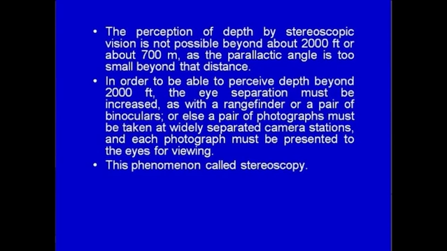In order to be able to perceive depth beyond 2000 feet, the eye's separation must be increased, as with a range finder or a pair of binoculars, or else a pair of photographs must be taken at widely separated camera stations, and each photograph must be presented to the eyes for viewing. This phenomenon is called stereoscopy.